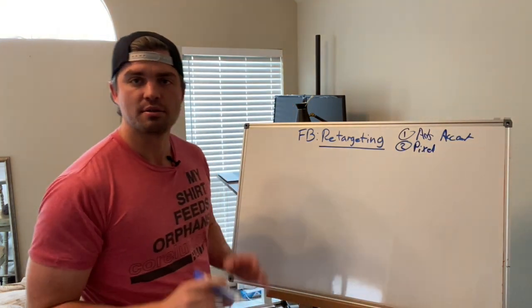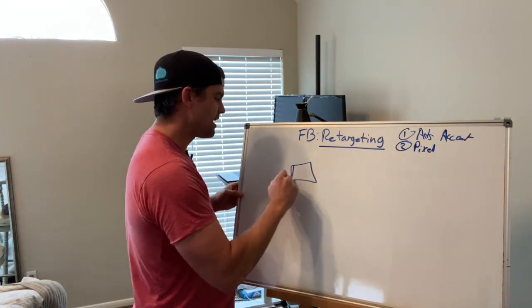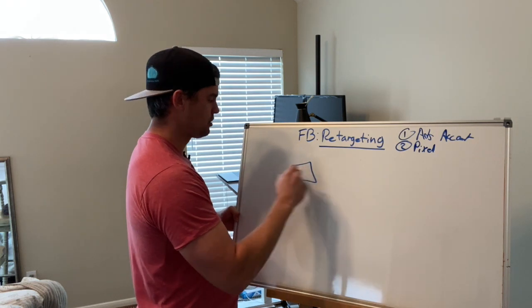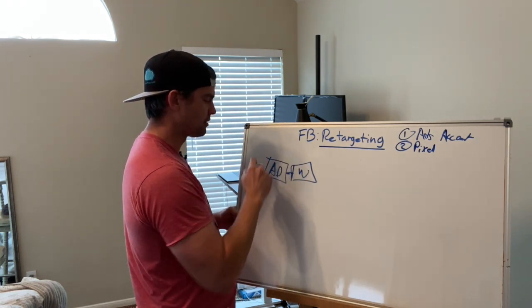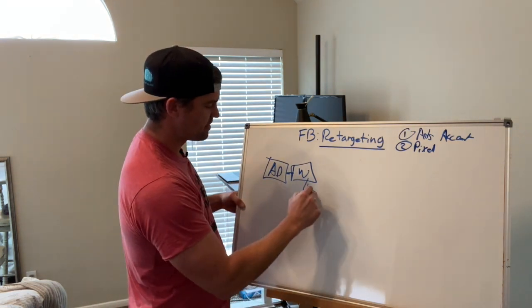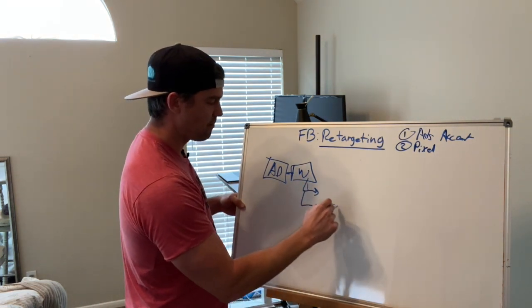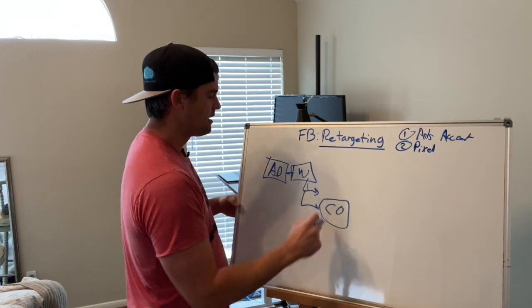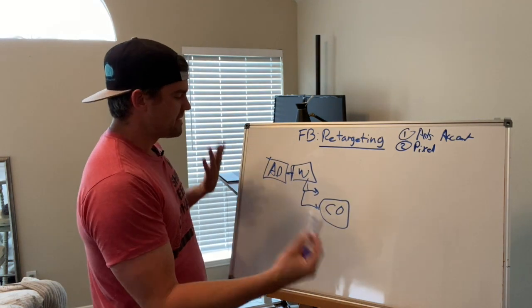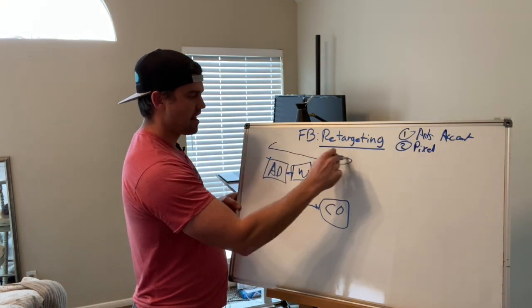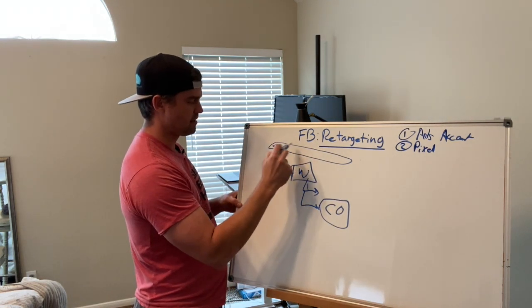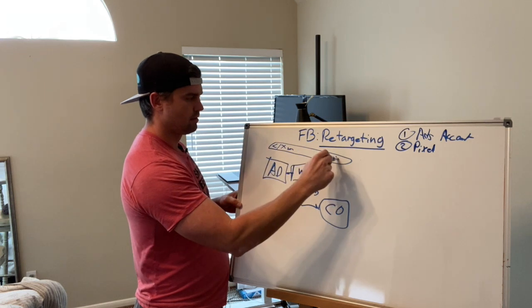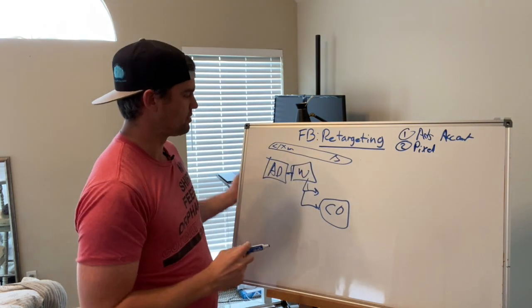What is a Facebook pixel? It's very simple. If you have a website, and let's say this is your website, and this is the ad you're running or a particular post, and you have sub pages as well, maybe even a checkout page, your pixel is in the header code. I'm going to draw my little pixel code here. I don't even know what it's supposed to look like.